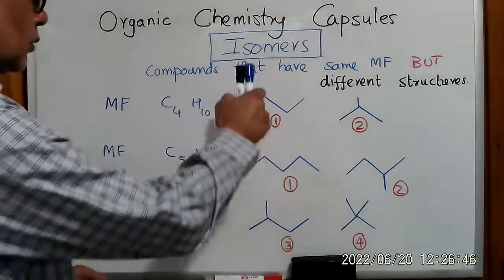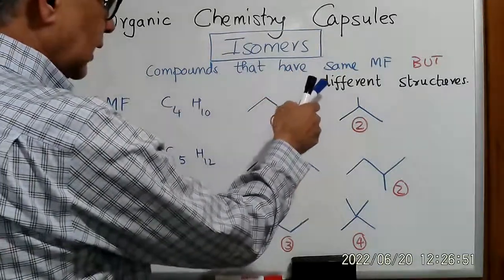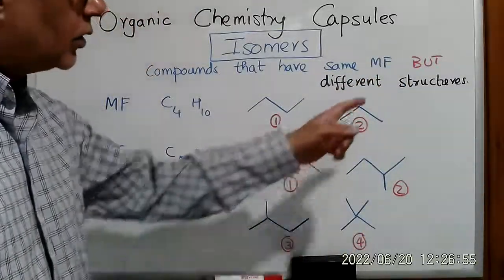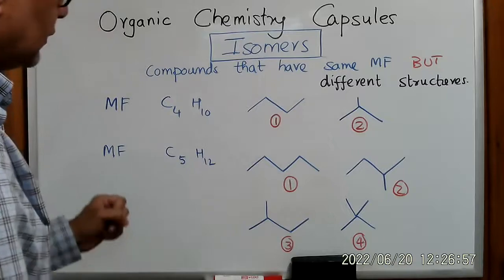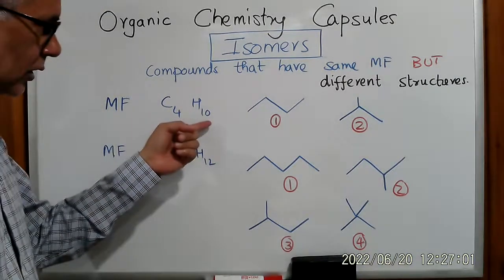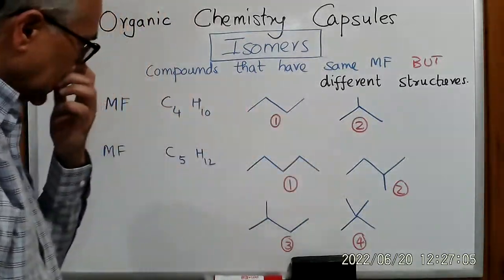So isomers, by definition, are compounds that have the same molecular formula but different structures. As you see, for molecular formula C4H10, I have written two different structures.